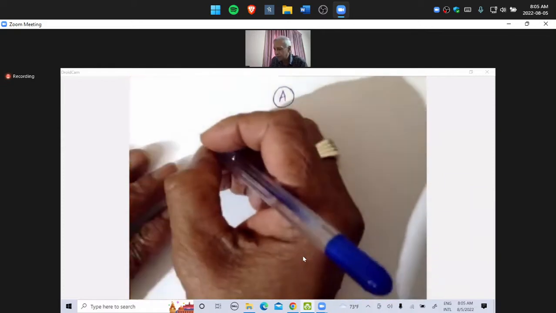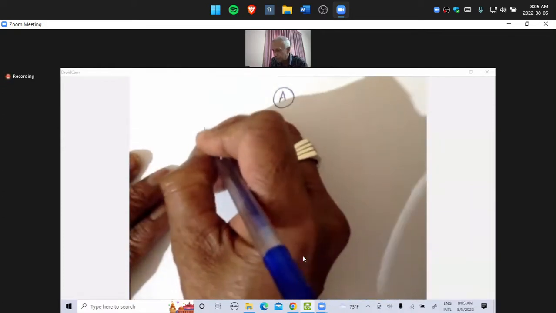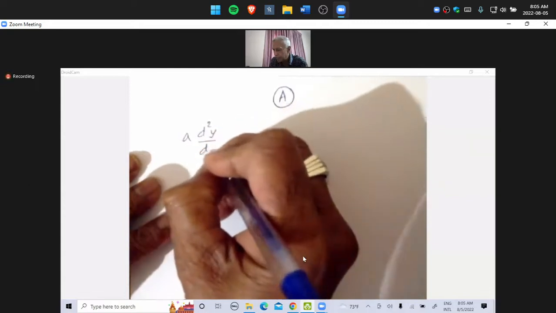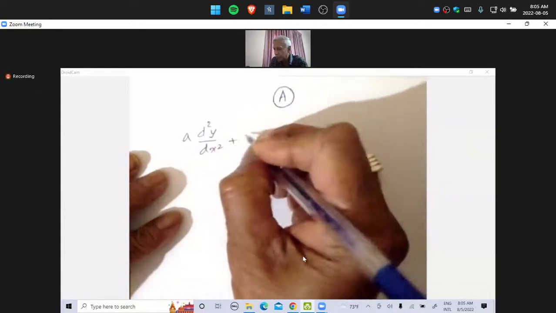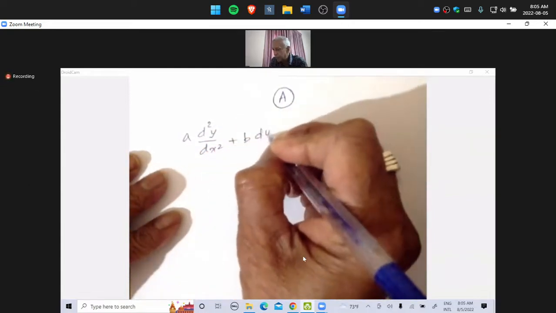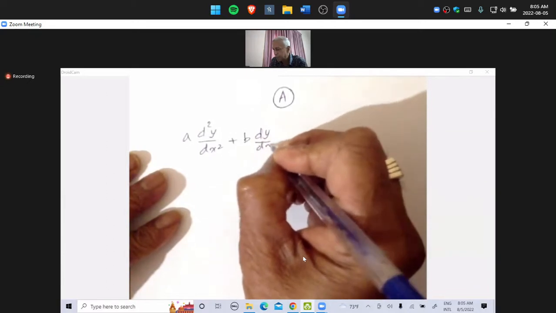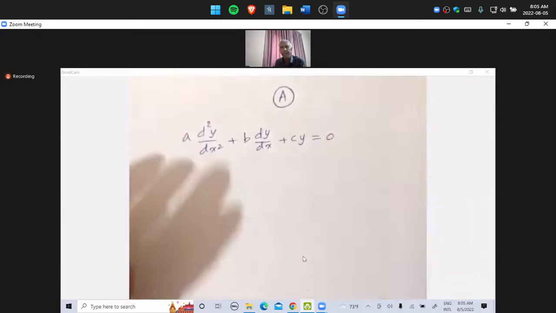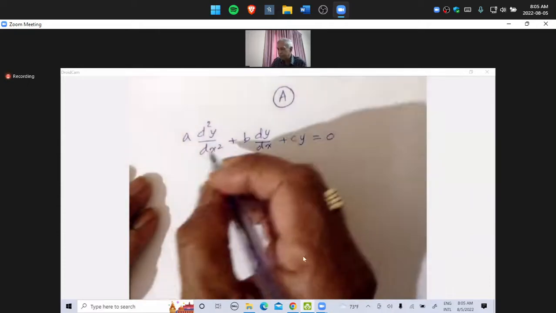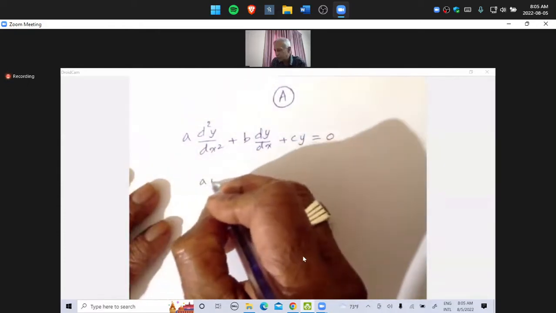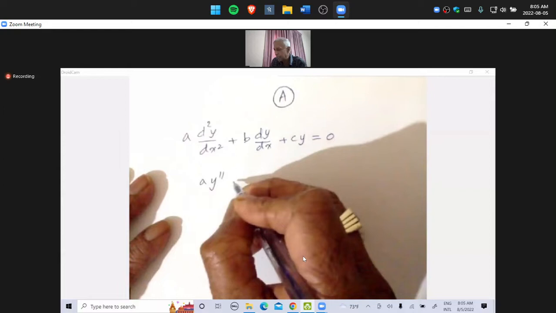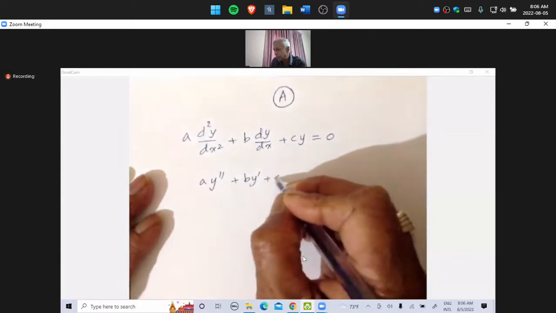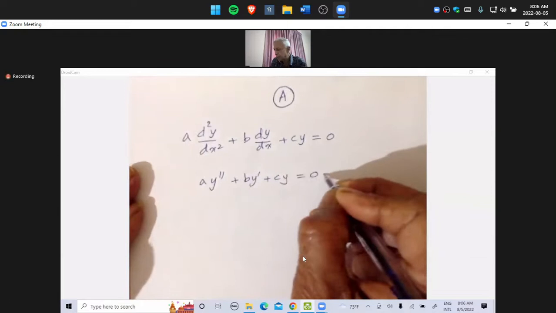So those are of the form a d²y over dx² plus b dy over dx plus cy is equal to 0, where a, b, and c are constants. It's commonly written this way also: ay double dash plus by dash plus cy is equal to 0.